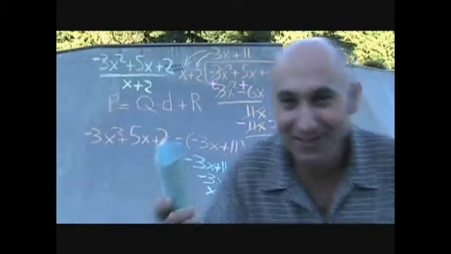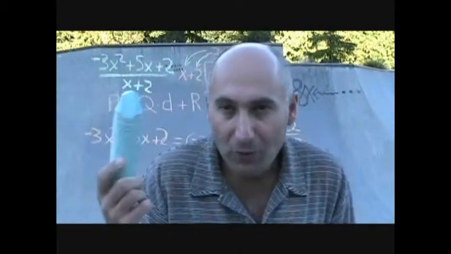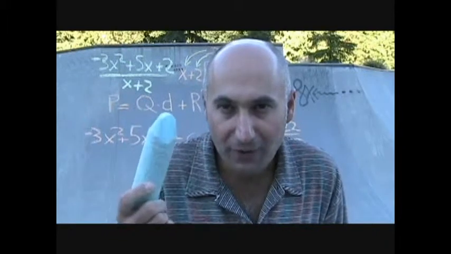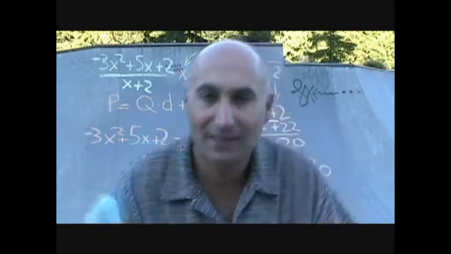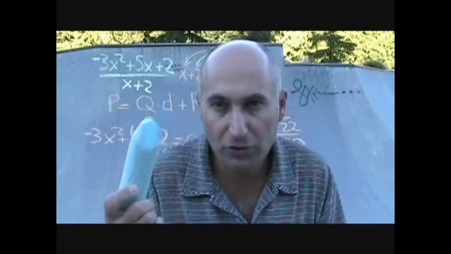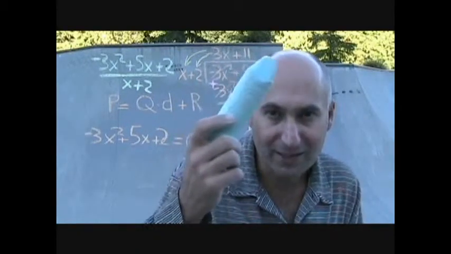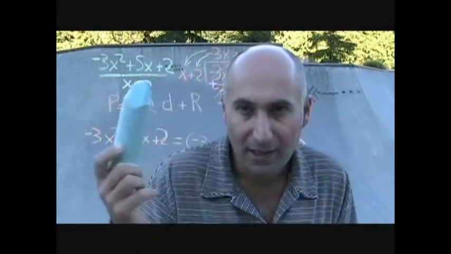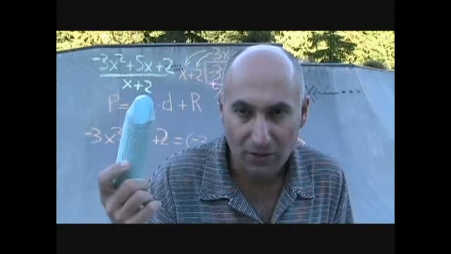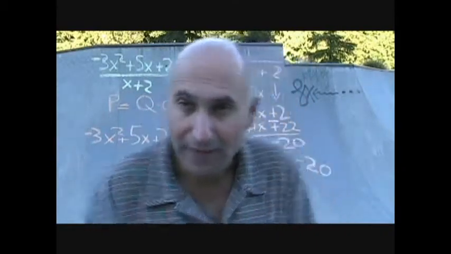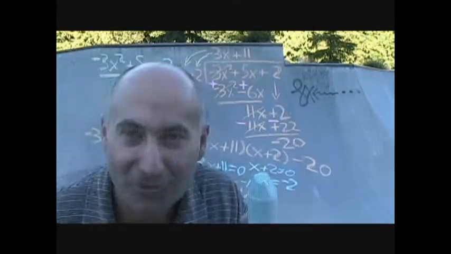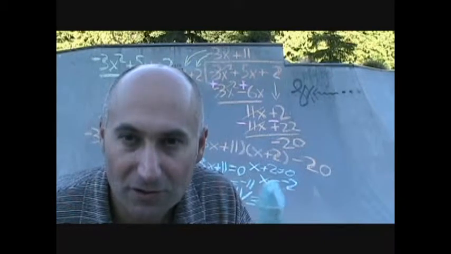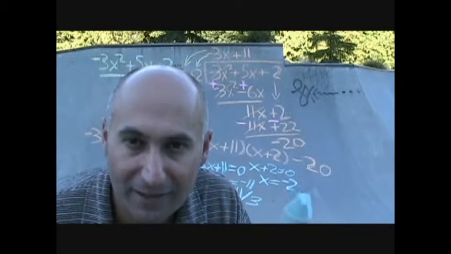So if you actually rewrote this guy, the q and the d, as x equaling something, right? So you took your quotient and set it equal to 0 and solve for x. And you took your divisor, x plus 2, set it equal to 0 and solve for x. So you got x is equal to negative 2.